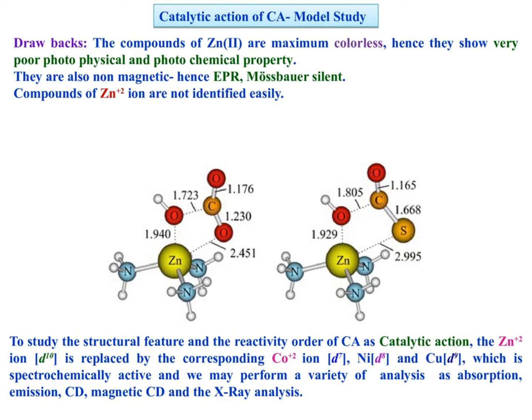The only way is spectroscopic analysis or structural analysis. But since zinc 2 ion is present in the center of the catalyst, as we know, zinc 2 is a d10 system and all electrons are paired up, so maximum zinc compounds or enzymes are colorless.